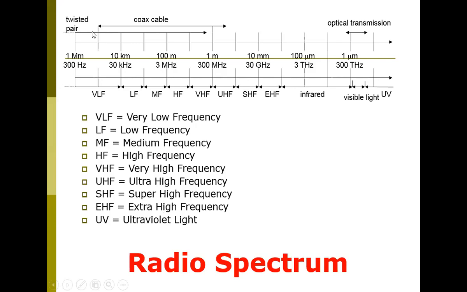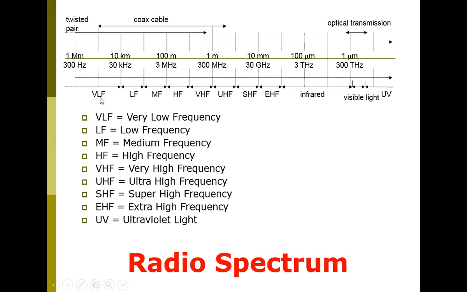For transmission, if you remember, those who used landline phones at home, earlier there was a cable used, that was twisted pair. Twisted pair is being replaced by the coaxial cable. All of you are using it in telephone cables also, or TV cables. Then there is optical transmission.